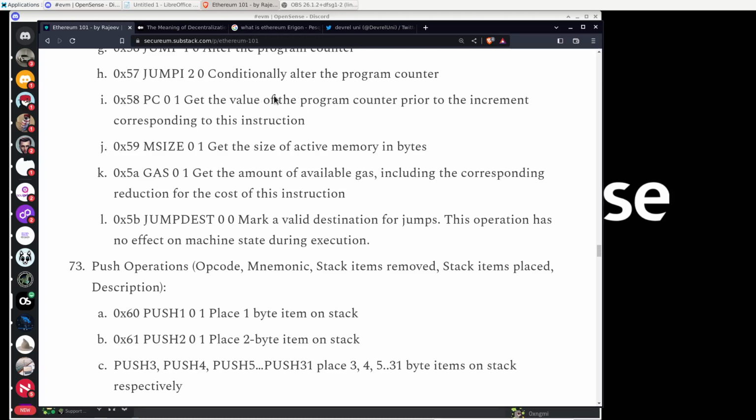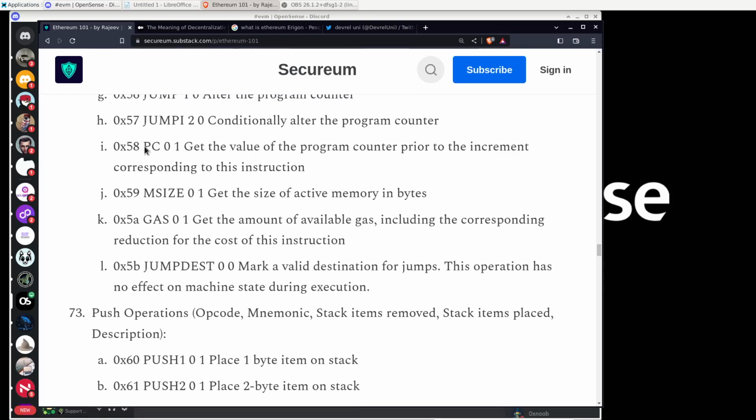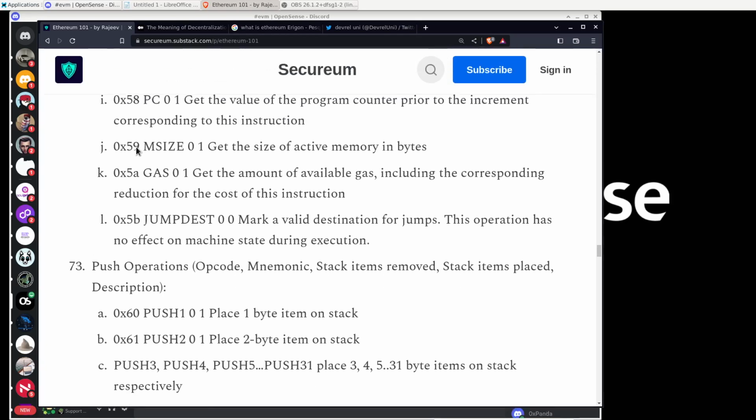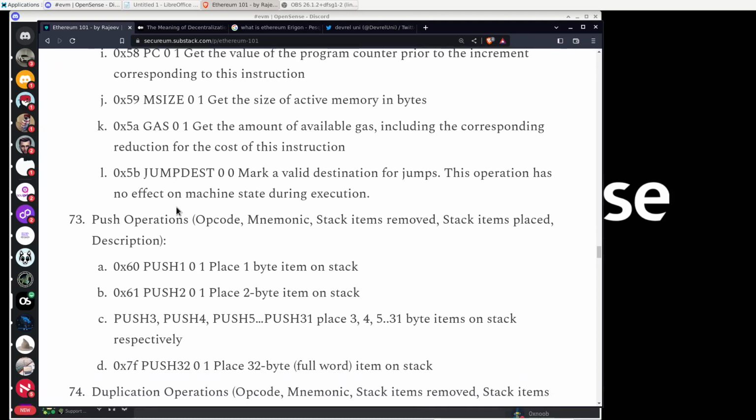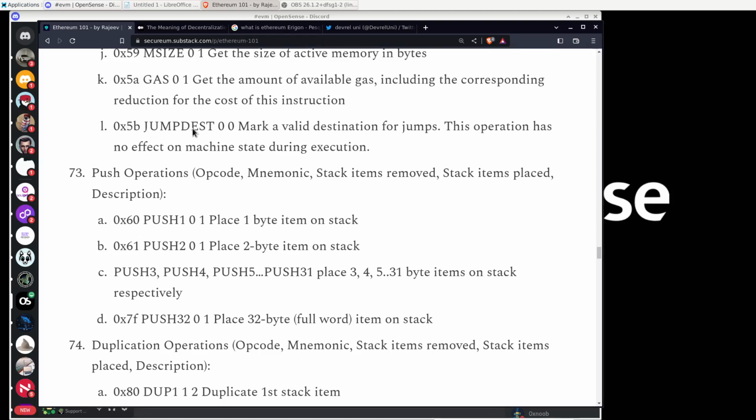PC gets the current value of the program counter. Interesting, this one is interesting. 0x59 msize gets the size of active memory in bytes. 0x5a gets the amount of available gas, including the corresponding reduction for the cost of the instruction. 0x5b jumpdest marks a valid destination.